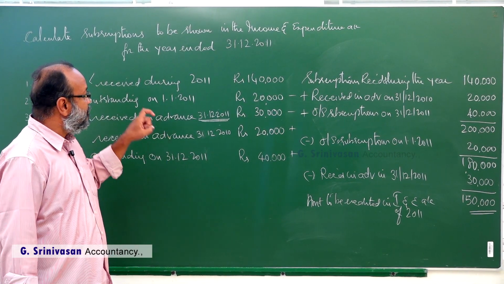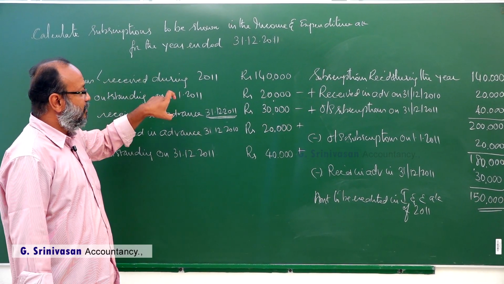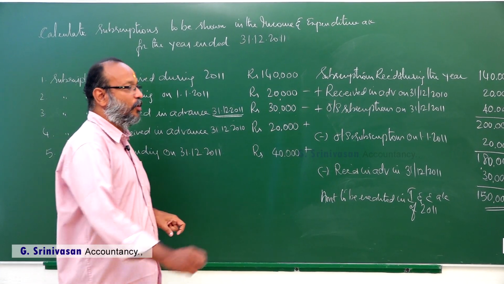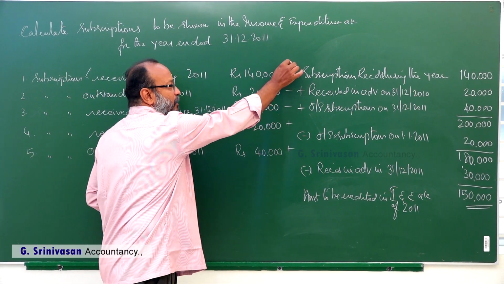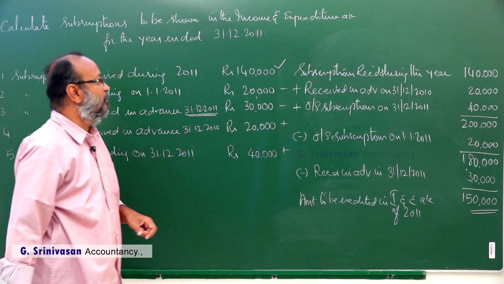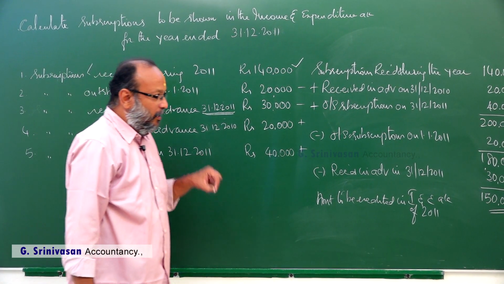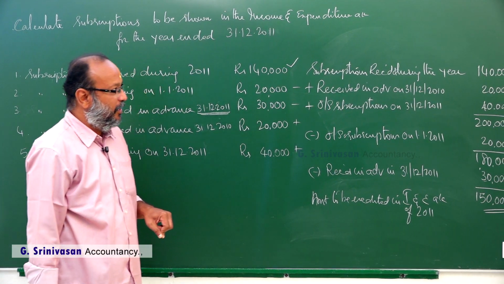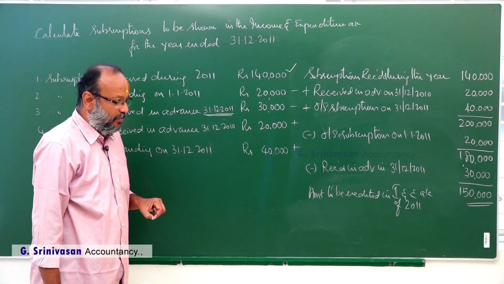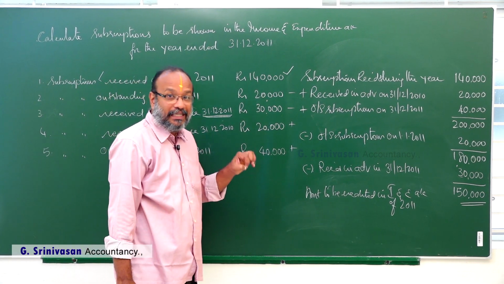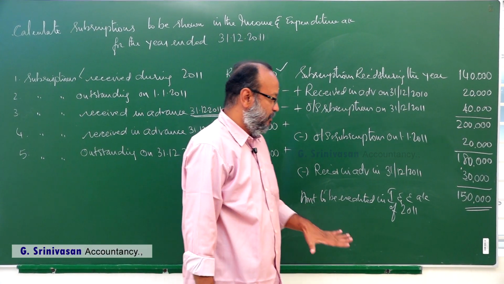Now students, the sum said, or from the receipts and payments account we got 1,40,000 was the amount we received as subscriptions. But income and expenditure account will be showing only those incomes which are related to the current accounting year.